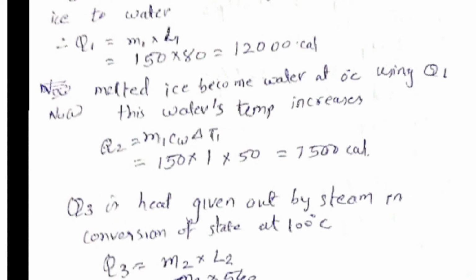Now we will see how much heat is given out by the steam. The steam was at 100 degrees Celsius. So first the steam has to get converted into water at 100 degrees, so again it has to use the latent heat.